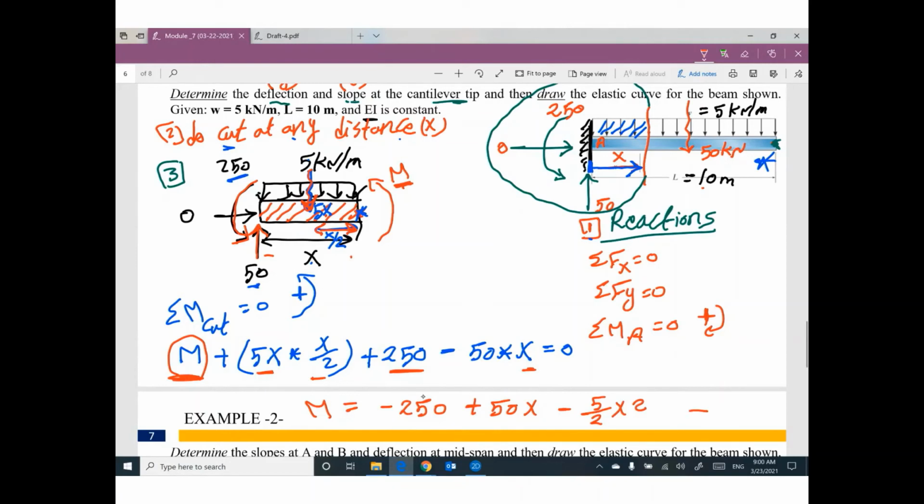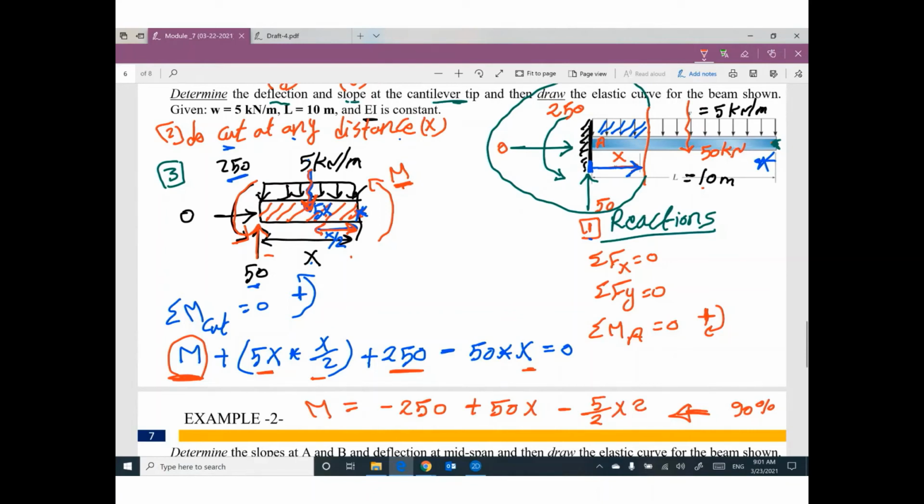If you set up this equation correctly, you are done with 90% of the problem. If you can set up this equation for M as a function of x correctly, you are done with 90% of the problem. For me, if this problem is 20 points, I will give you probably 16 or 18 points.